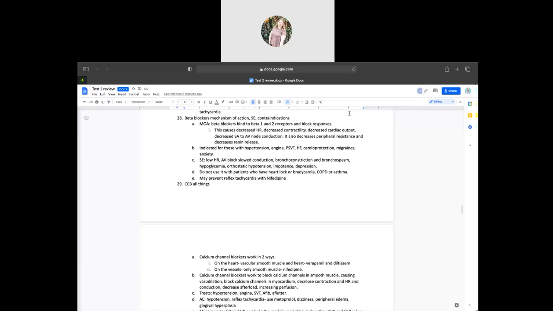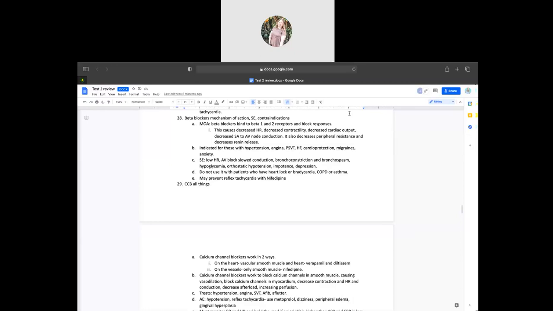It will also decrease peripheral resistance and decrease renin release. We use beta blockers with those who have hypertension, angina, paroxysmal supraventricular tachycardia, or PSVT, which is an arrhythmia, heart failure, cardioprotection, migraines, and anxiety. Many different uses for this.